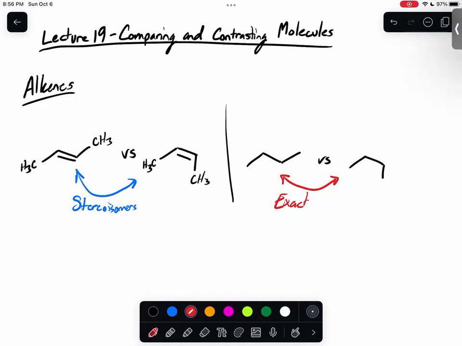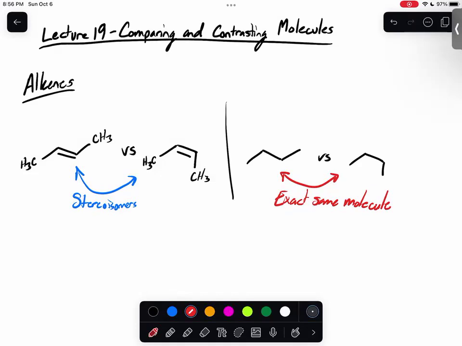The only difference here is that it has changed conformation. Remember when we talked about Newman projections, we looked at stuff like this, where essentially this would be like an eclipsed conformer, and then the one on the left here would be more like a gauche conformer. And although these are different rotations around a bond, they are still the same molecule.